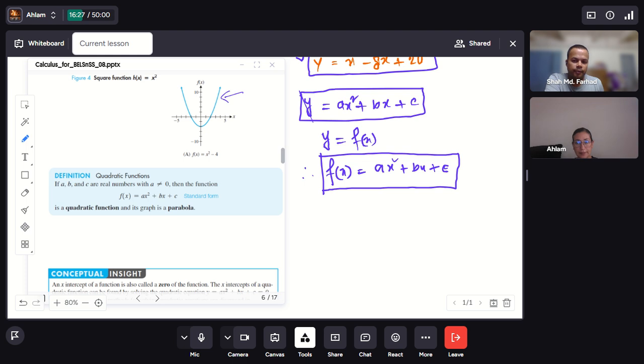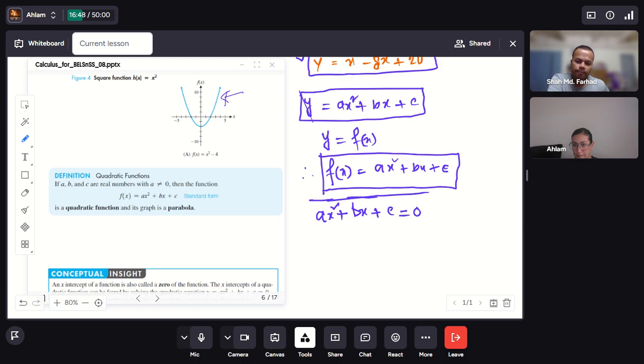We are getting the parabolic shape from the quadratic function. Now, if we convert it into an equation, then we have ax squared plus bx plus c equals 0.